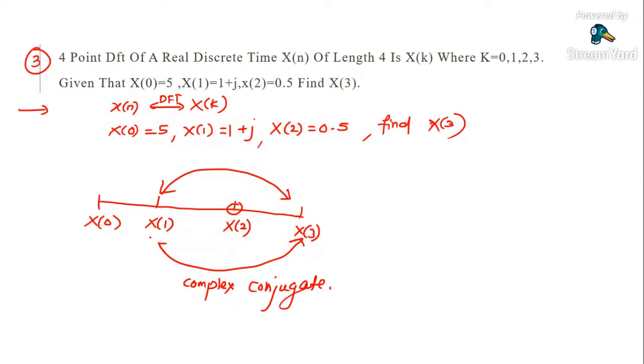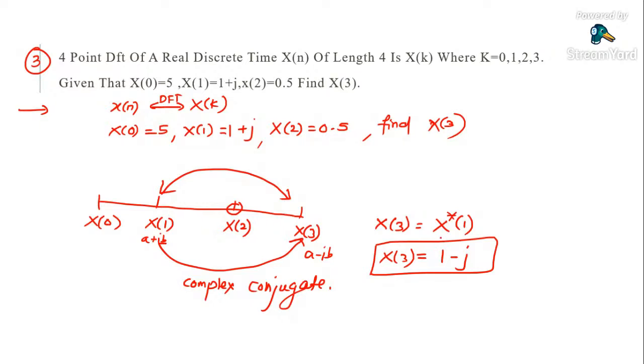It means that if it is a plus ib, then this must be a minus ib in case of 4-point. So by using that property, X of 3 is equal to the complex conjugate of X of 1. It is 1 plus j, so it will become 1 minus j. So X of 3 is 1 minus j. The answer is 1 minus j.